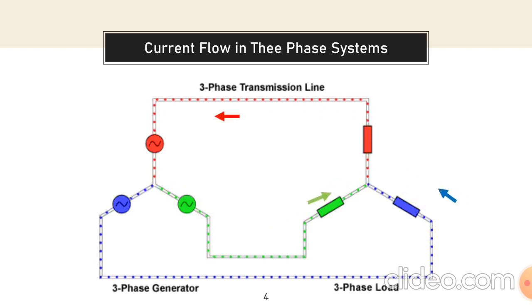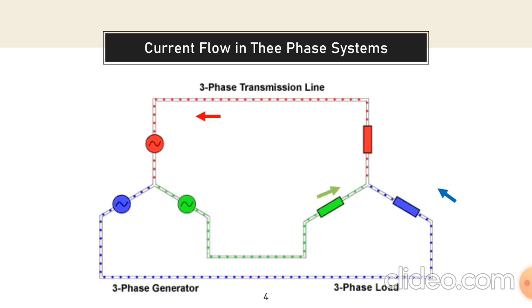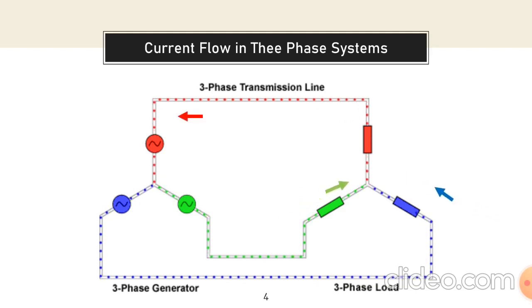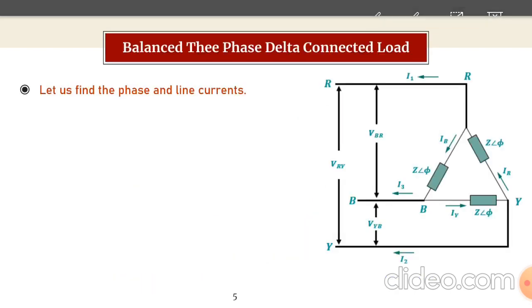Now again, after some time, the current will be entering through yellow phase and blue phase, and the total current will be leaving through red phase. So this is how the current flow happens in a three-phase system, but for simplicity and analysis purposes, we will consider all the currents to be going out of the nodes.